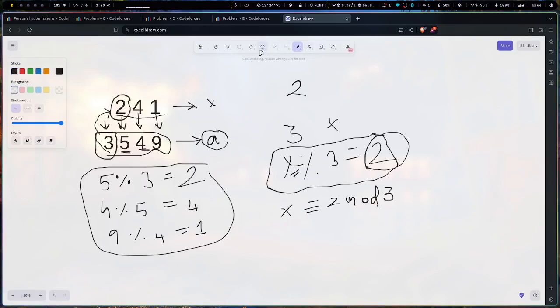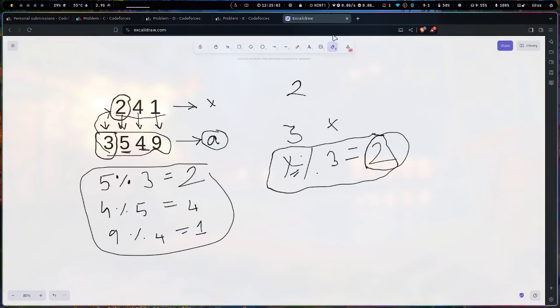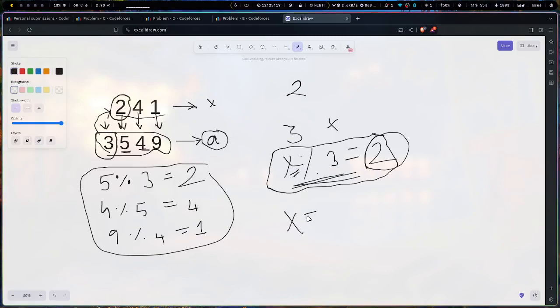Wait a minute. Okay, forget it. So what is the meaning of this? The meaning is that x is such that when x is divided by 3, it gives an extra 2, right?